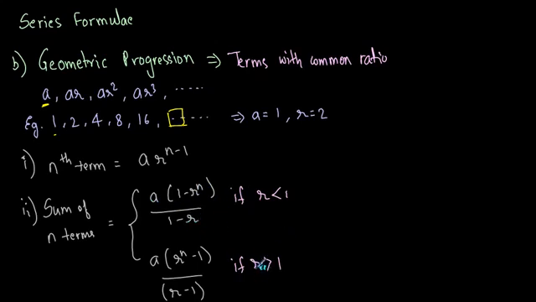And if the ratio is greater than 1, that means the sequence is in an increasing order, then you use a into r raised to n minus 1 divided by r minus 1. So learn these formulas by heart and you will be able to solve almost all problems related to geometric progression.